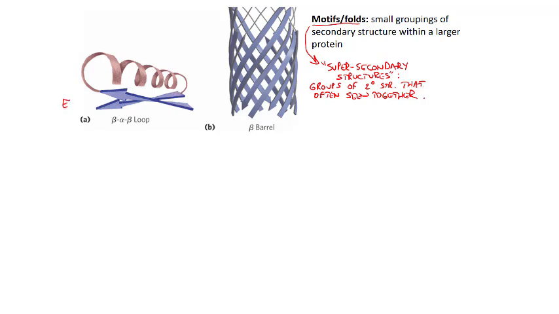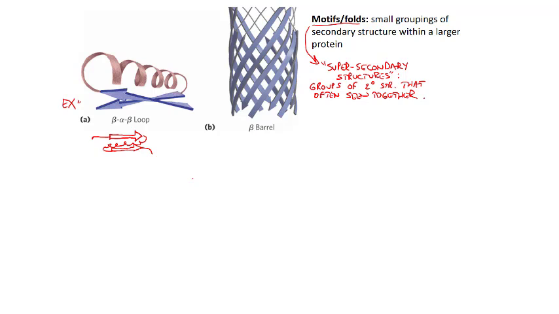So for example, the beta-alpha-beta loop. This is the type of structure where you have a strand of a beta sheet. The chain then folds behind itself to give an alpha helix, and then you have another strand of the beta sheet behind it.